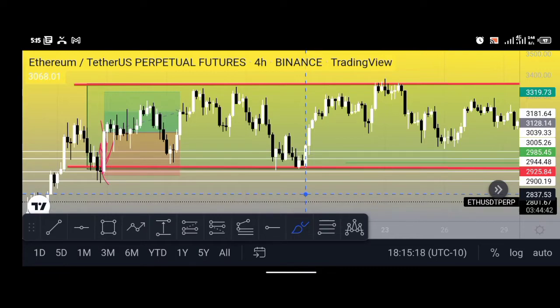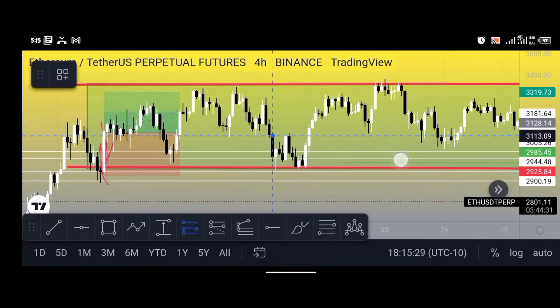So after the formation of that bullish engulfing candle, you pick your long tool to long the market. That is to buy the market. In futures we call it long, but in spot you buy.